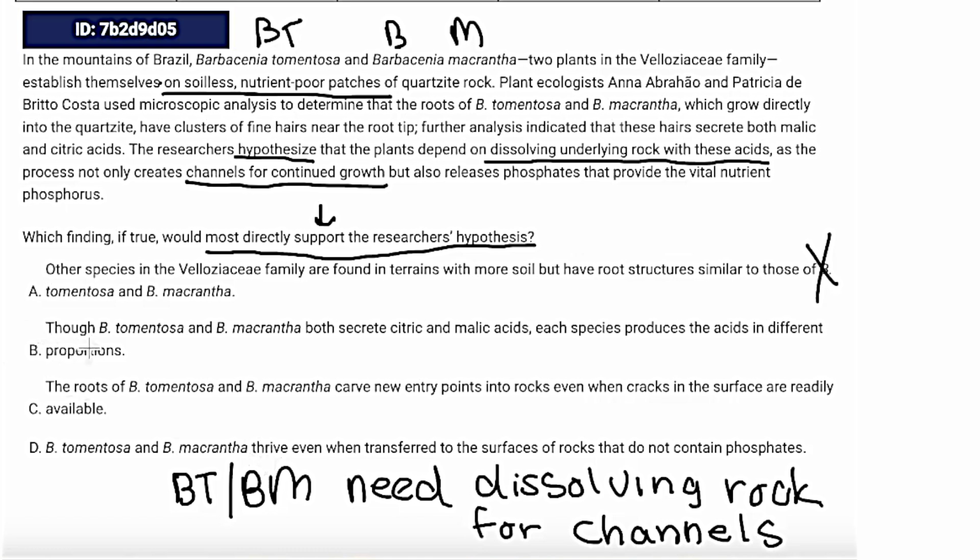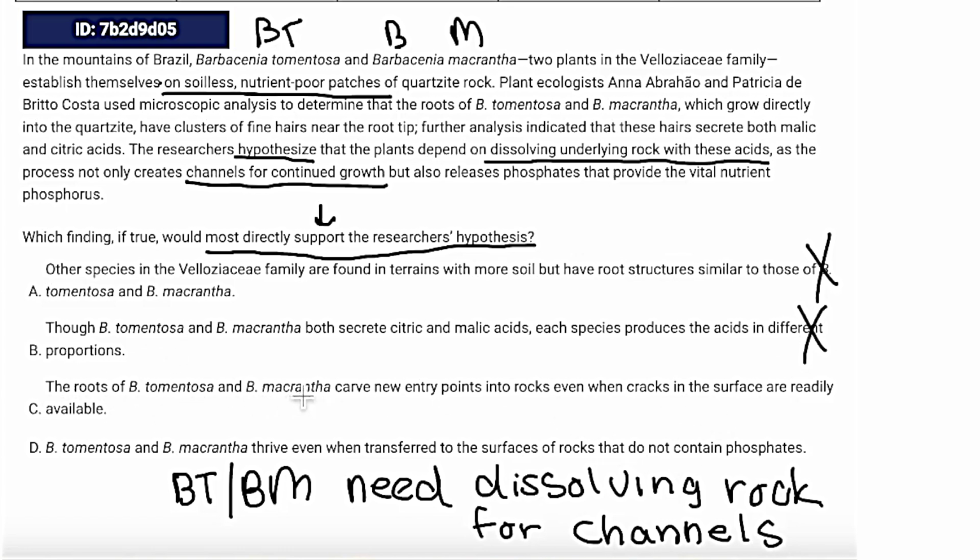Okay, B. Though BT and BM both secrete citric and malic acids, each species produces the acids in different proportions. Okay, that doesn't really strengthen or weaken this because it's just giving them a different amount. So they'll still probably be dissolving, but it's not doing much for this exact hypothesis.